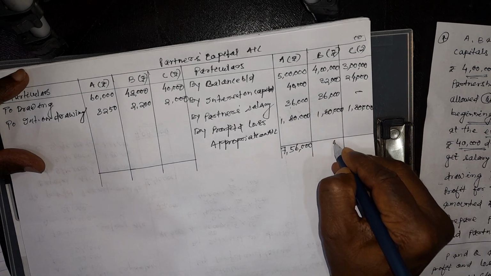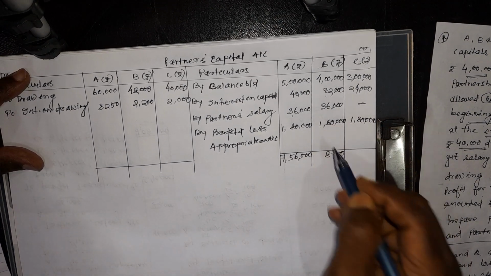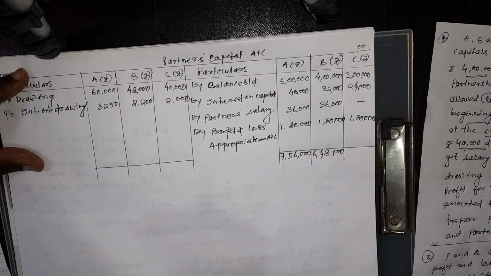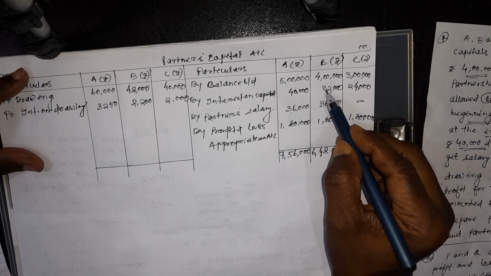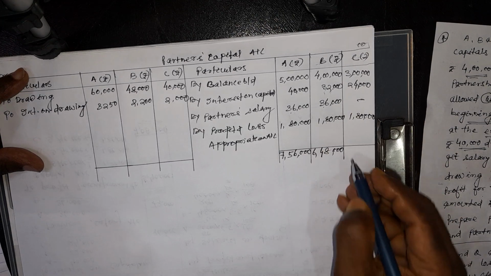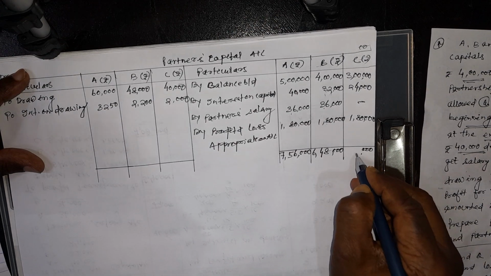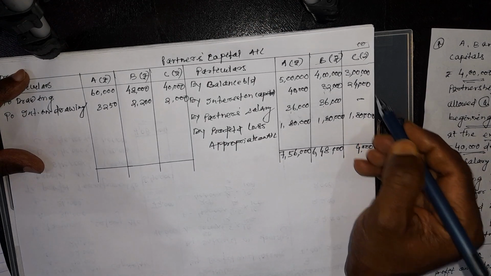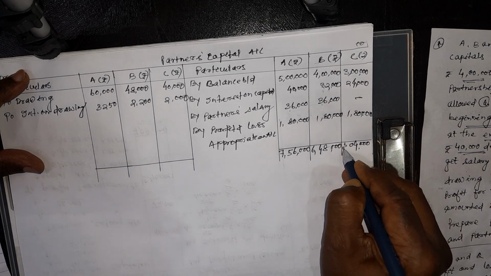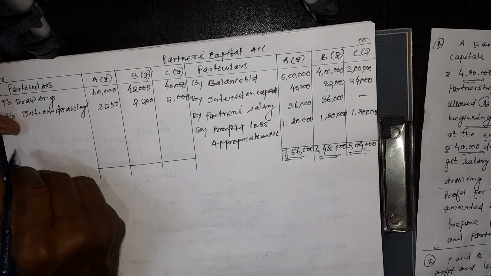Here you will write 6,48,000. Then here you will write 5,04,000. Clear? Now you will calculate here the balance c/d.